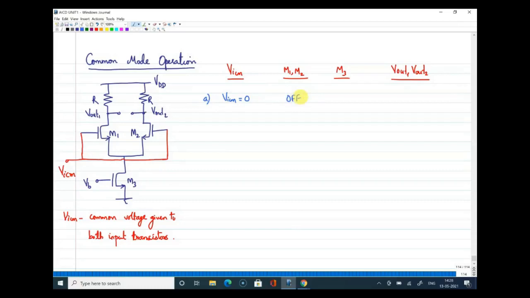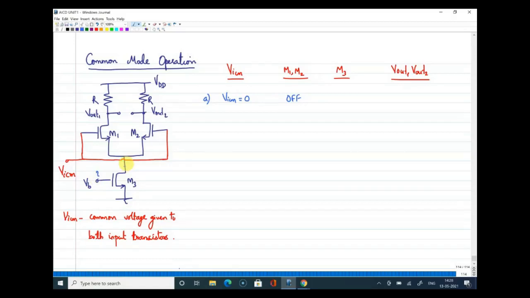So M3, we are not removing the bias of M3. Say for example, M3 is connected to VB, a bias voltage, so there is a voltage available here, and this node voltage can be very low, because the top transistors M1 and M2 are still not on, they are off.